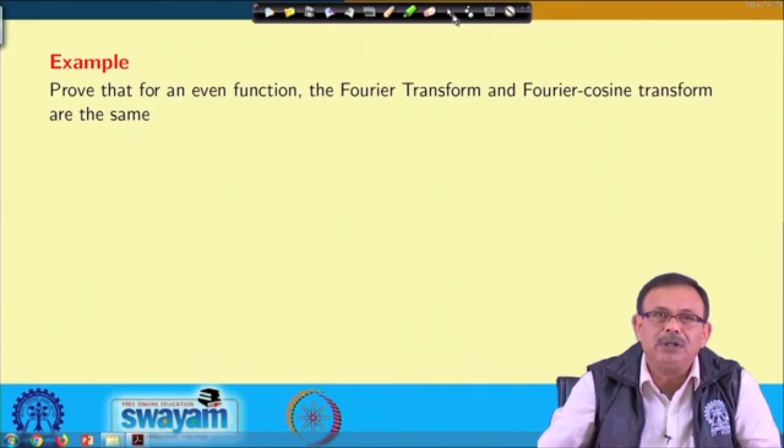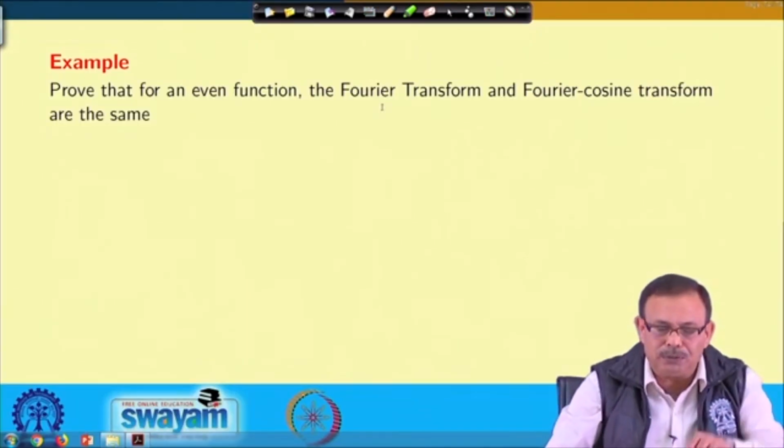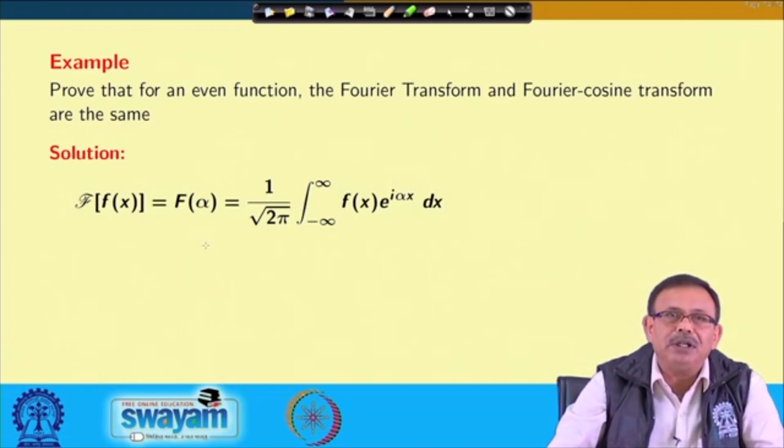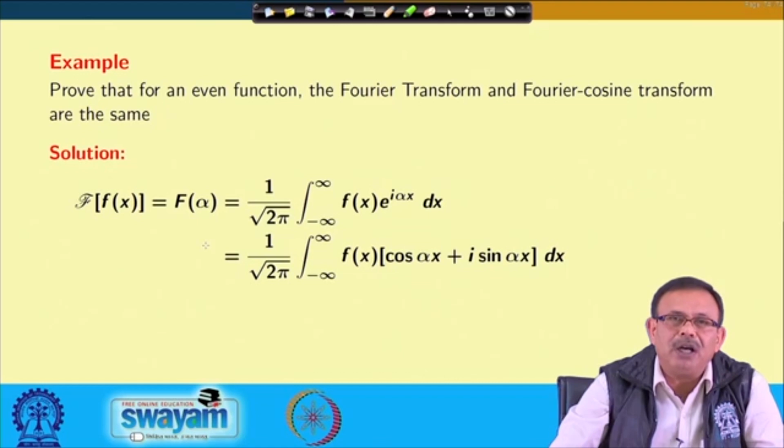Let us see it again here. We are starting with the Fourier transform of f x, and e power i alpha x we are writing in terms of cos and sine.